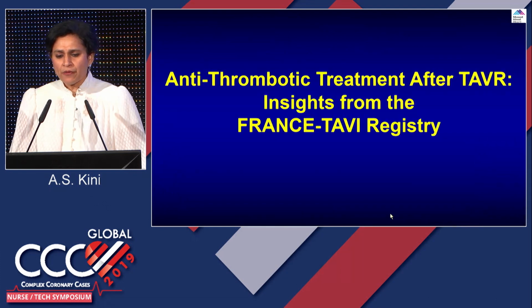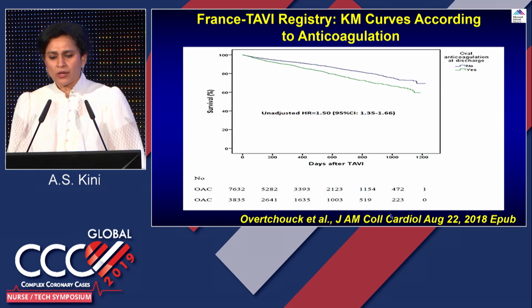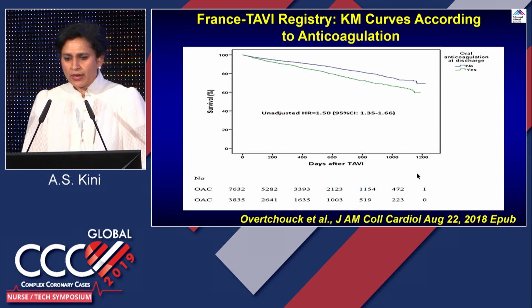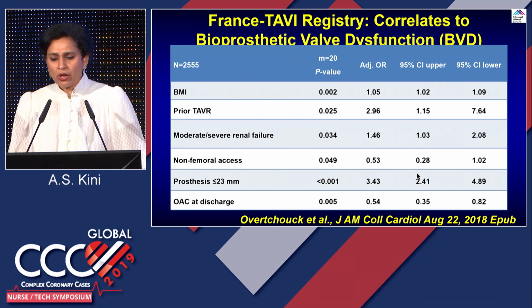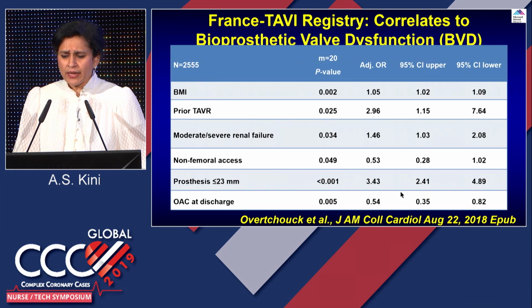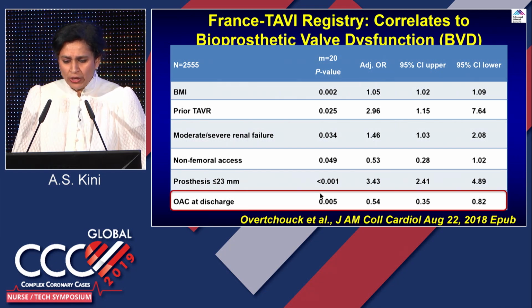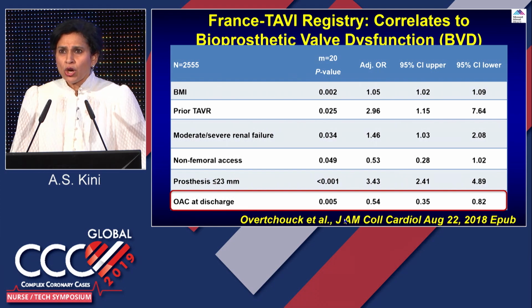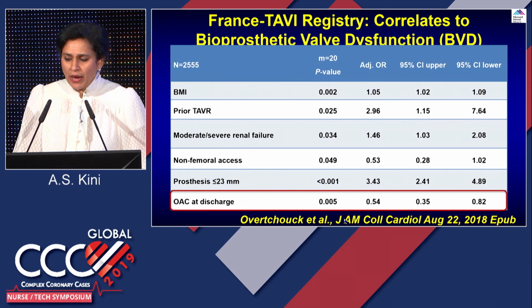And what is the treatment for this? Based on a couple of registry data that you see, you can give anticoagulation, and definitely the thrombosis has changed. So what did this registry show? The significance was that OAC, oral anticoagulation therapy at discharge, had a significantly lower incidence of valve thrombosis.